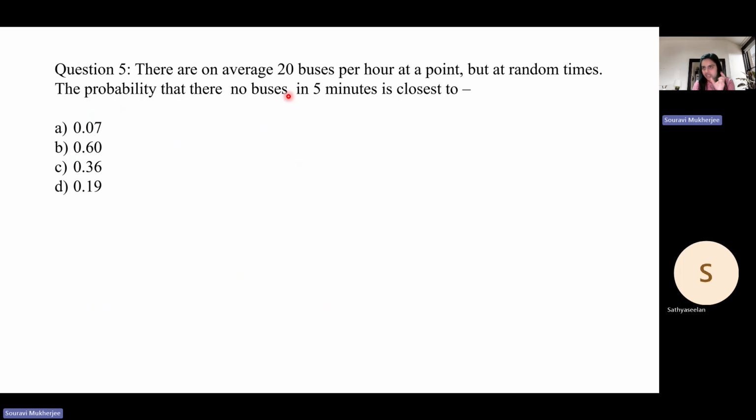That alpha t term we need. So how to find that? We just have to do a transformation of the information that's already provided. There are 20 buses per hour. So based on this, what is the probability of occurrence of the number of buses for 5 minutes? That's a transition that you have to look into, right? And from there you can actually use the Poisson distribution.